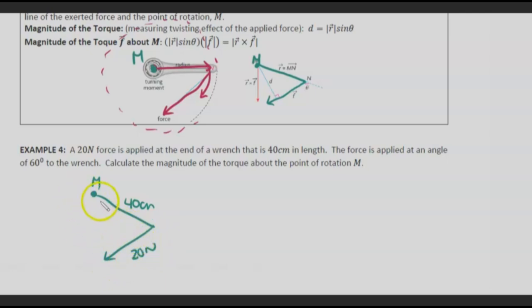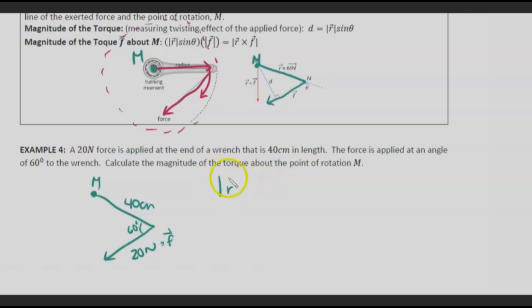The force is applied at an angle of 60 degrees. This is F. So let's go 60 degrees. Calculate the magnitude of the torque about the point of rotation M.